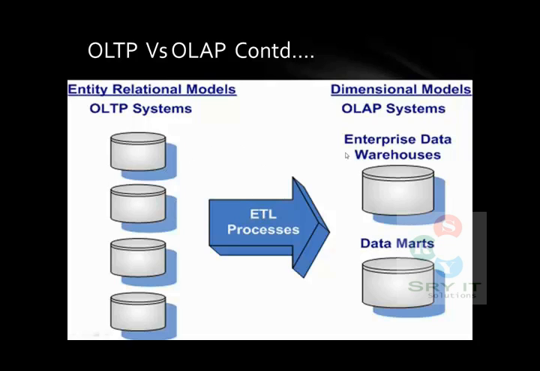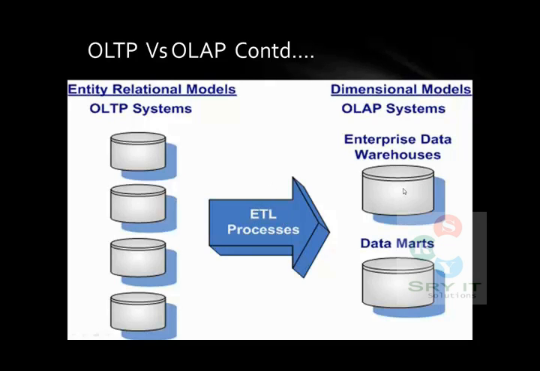While loading the data from the OLTPs to the OLAP system, during the data transfer, we might need to implement some business logic. Those business logics we can implement in the transformation part. And finally, L for loading the data into different components, different layers of your warehouse system. So that's called the ETL process.